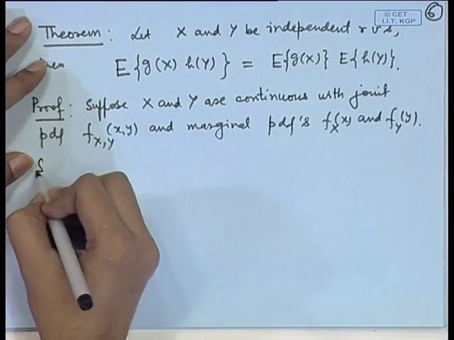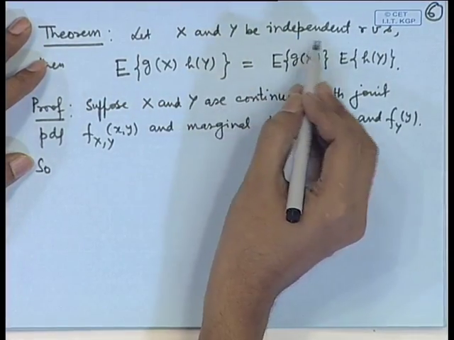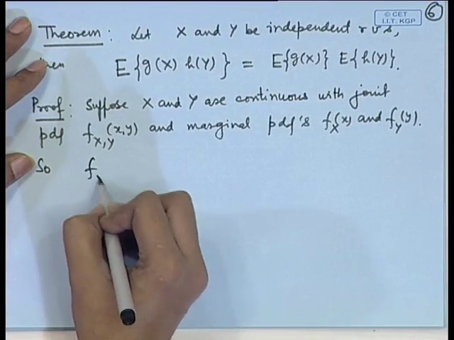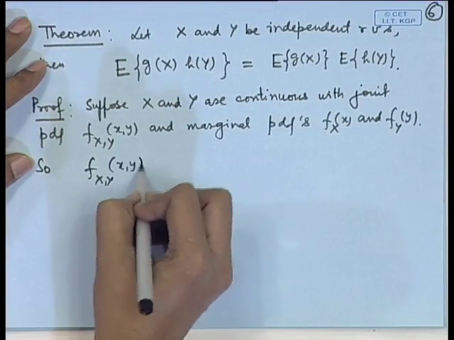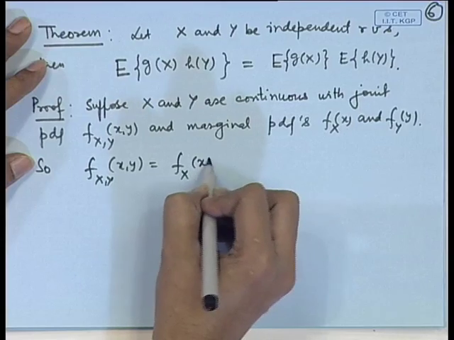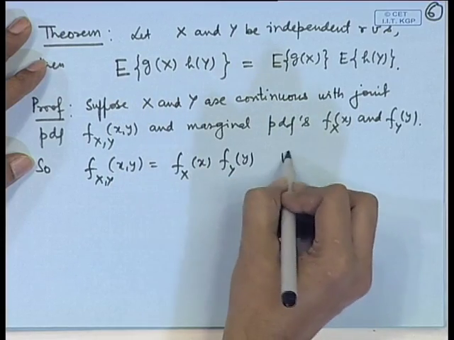So, since x and y are given to be independent, we have f x y is equal to f x into f y for all x, y.